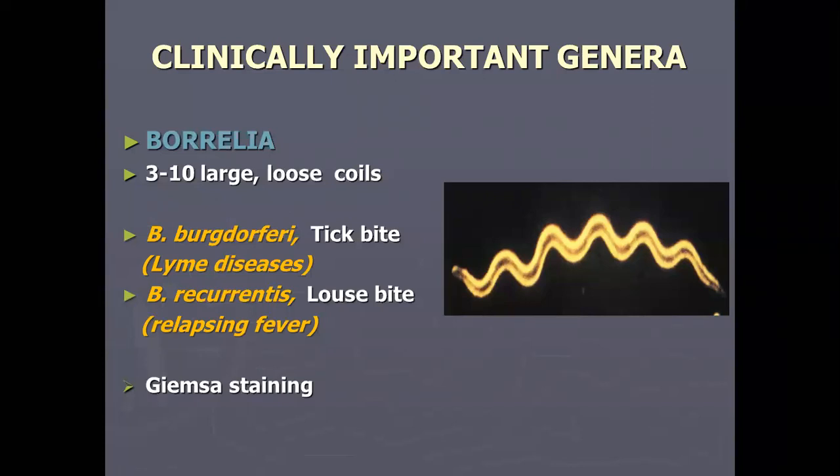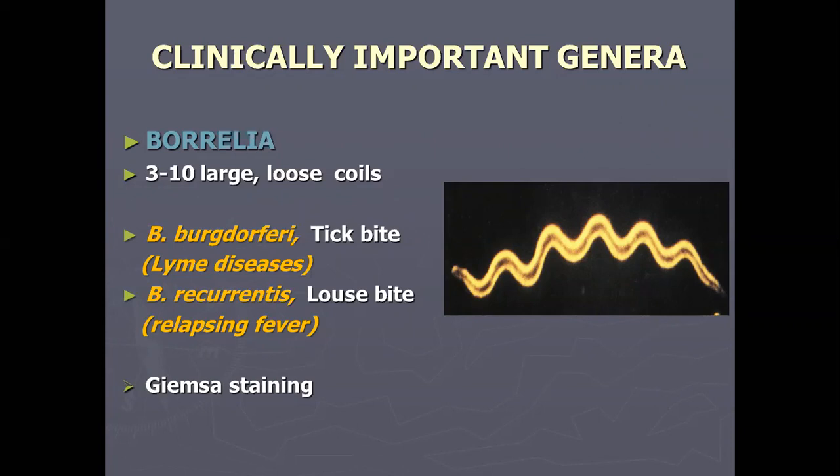Now the transmission of these Borrelia: burgdorferi is transmitted through the tick bite, whereas the recurrentis is transmitted through louse bites. So these are what we call arthropod-borne infections, because they have a source which belongs to the arthropod category of the animal kingdom.